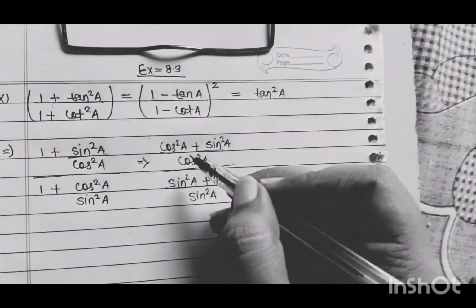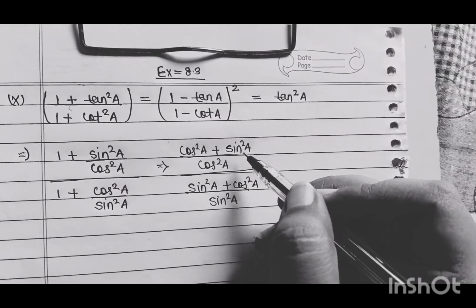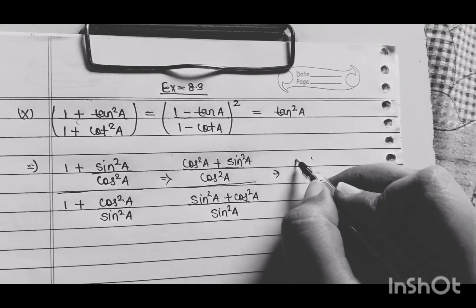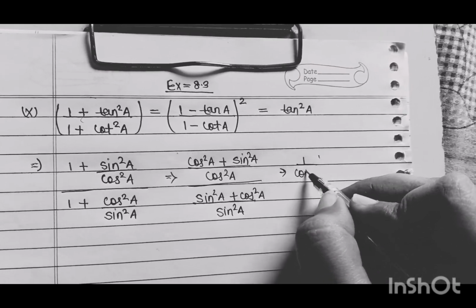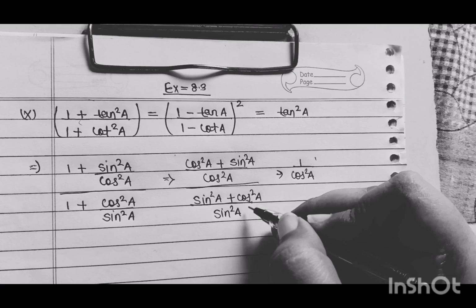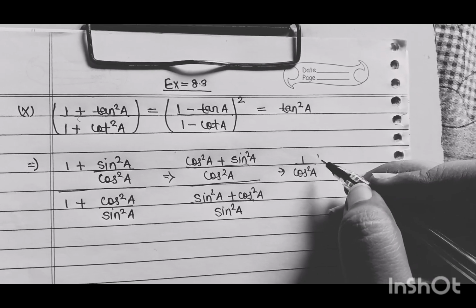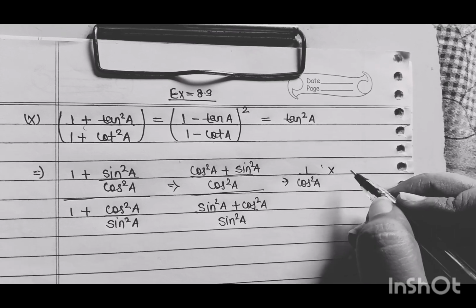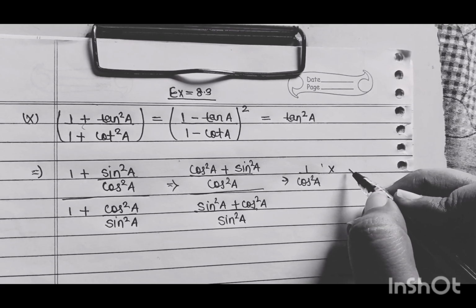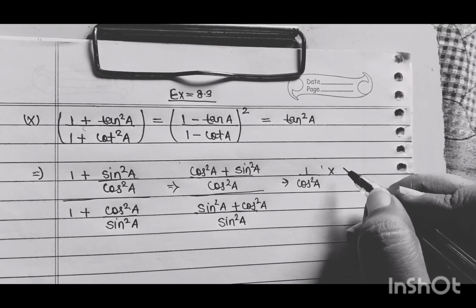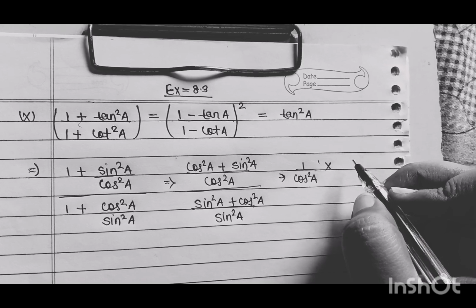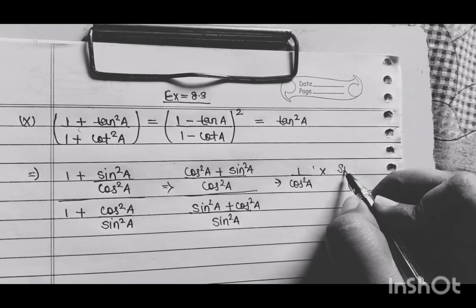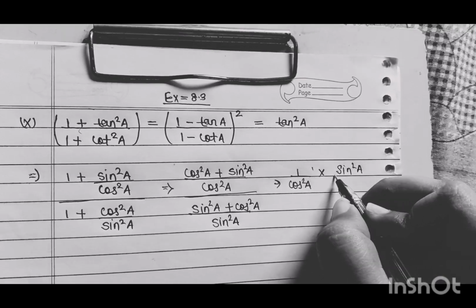We know that sin square A plus cos square A equals 1. So we will put the value here, 1 by cos square A, and this will go in multiplication into 1 by sin square A, so it will be reciprocated and written as sin square A divided by 1.